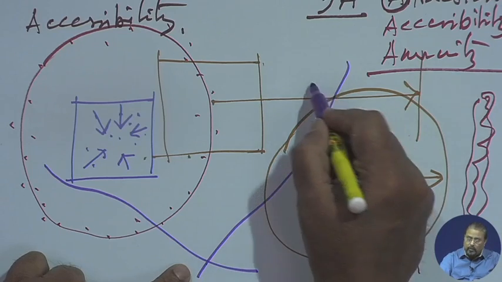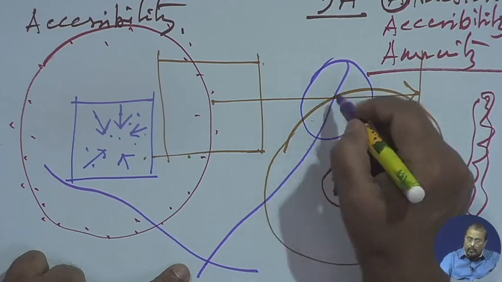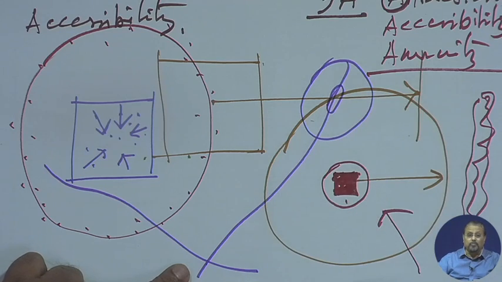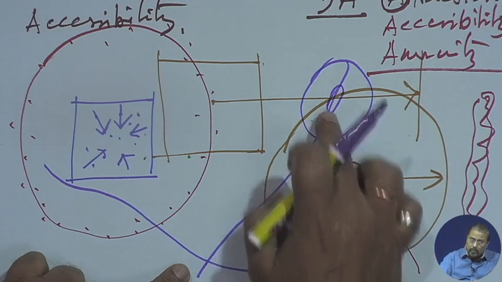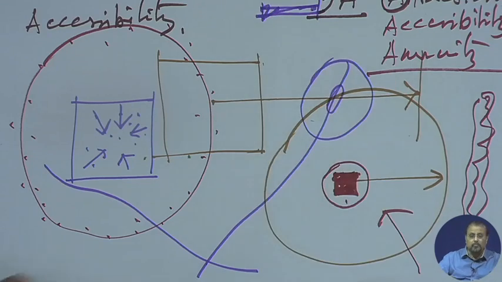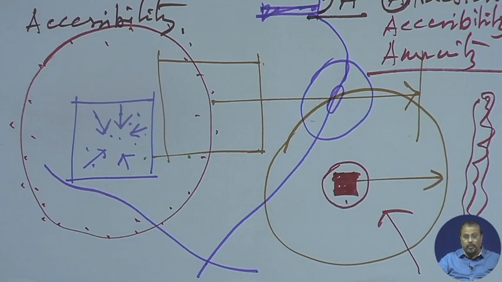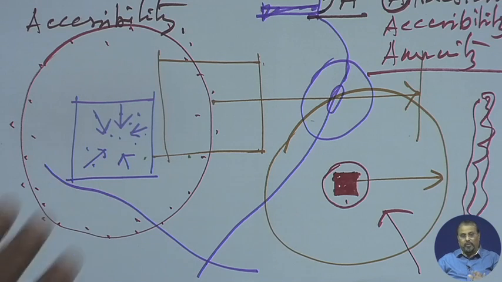This state highway is connected with another urban center. In this urban center I have a railway station. From this urban center, a little far away, I have an airstrip, and that airstrip is connected to this urban center. So automatically your vicinity analysis is now bringing in many factors which are not within your site.